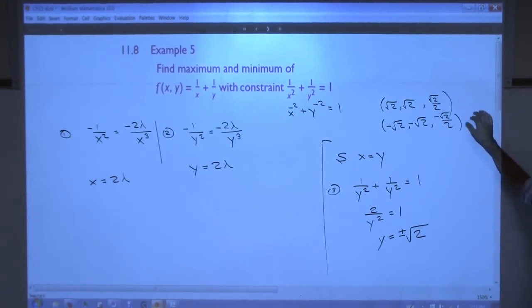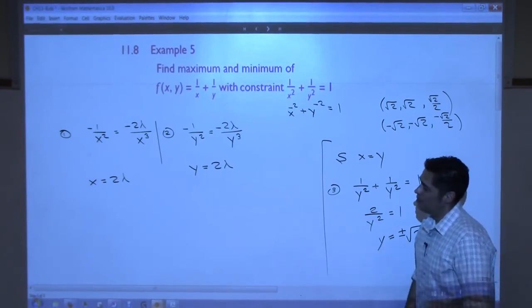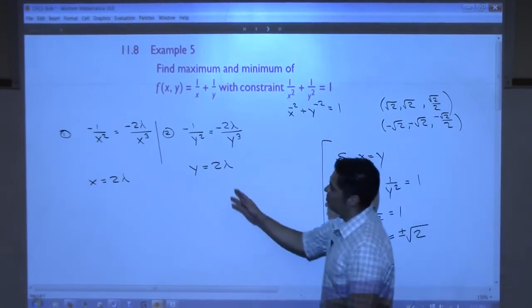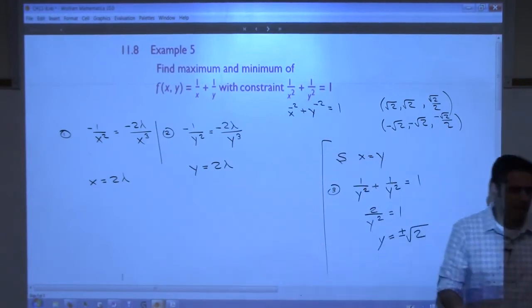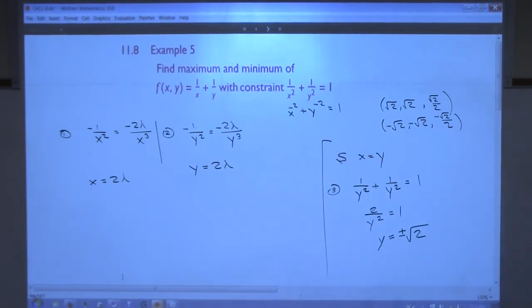Any questions? Is there anything else I should do that's going to give me anything different? I don't see anything else, right? If I solved these both for lambda, I'd get x over 2 equals y over 2, which is still x equals y. I think we've covered it.